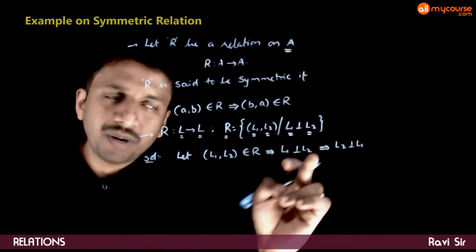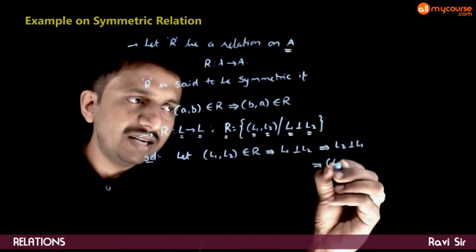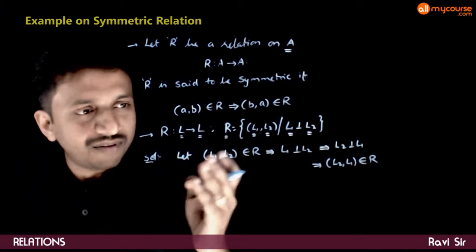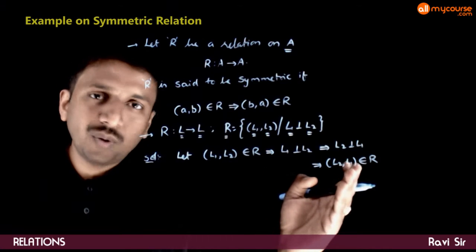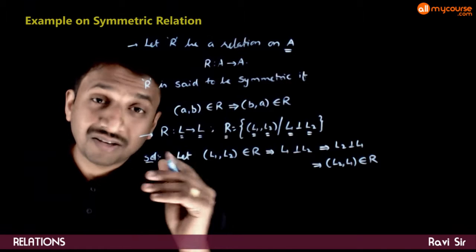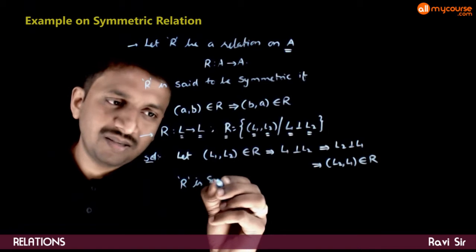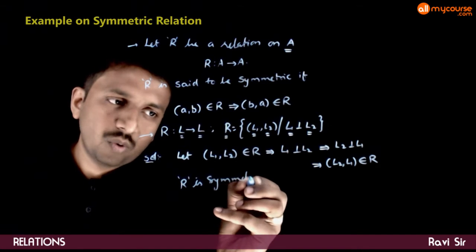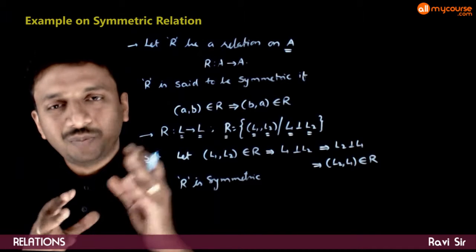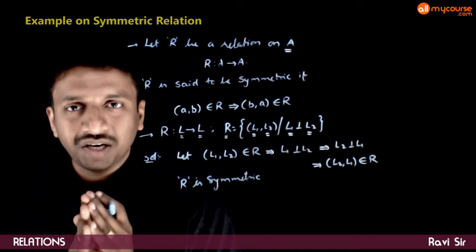And this implies (L2, L1) also belongs to R. So if (L1, L2) belongs to R, (L2, L1) also belongs to R. Hence, R is symmetric. So what is the question that you need to ask? If a is related to b, is b also related to a? That's the question we need to ask.